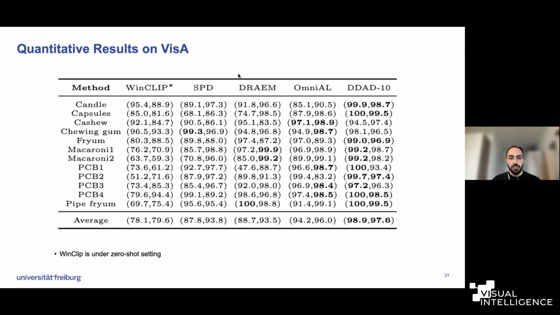And there are many models out there nowadays, including WinCLIP. I guess WinCLIP was the first of them, if I'm not mistaken. And just to distinguish between the unsupervised and the zero-shot, they are not trained at all. So they use foundation models' knowledge for anomaly detection and segmentation.